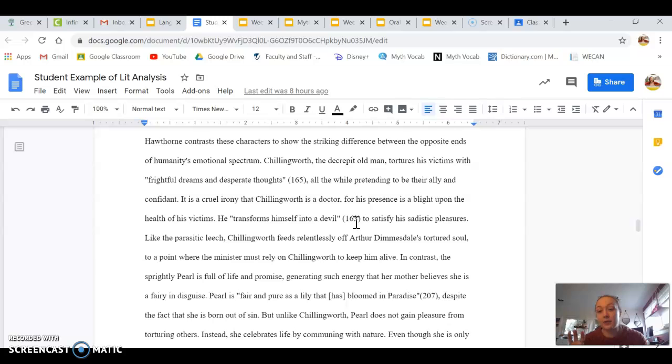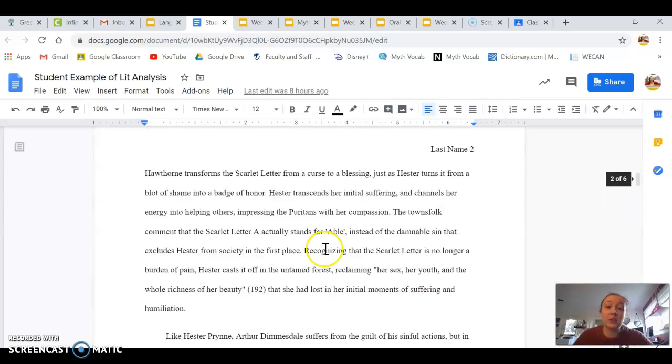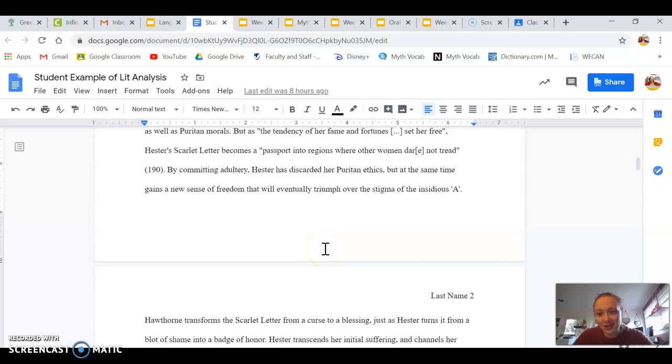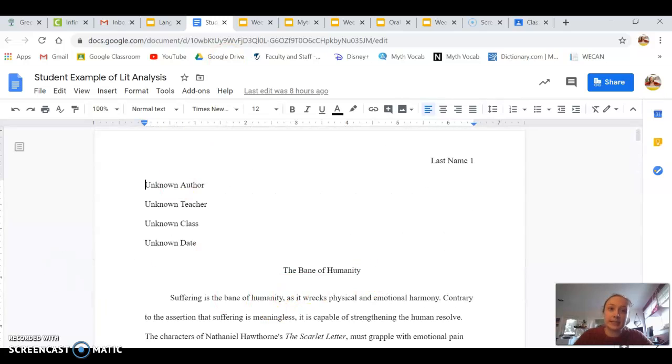And then you can have 3 things from your short story. Because it's a short story, that is very doable, and I don't want to push you to really try to find 2 or 3 for each. And this author, obviously the student, was writing on The Scarlet Letter, which is a novel, so they had plenty of pages to work with to support their main thesis statement.